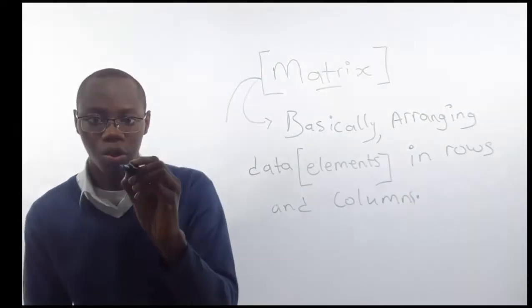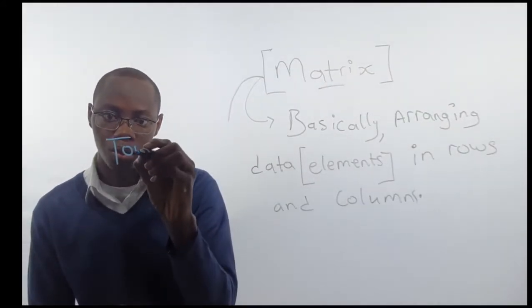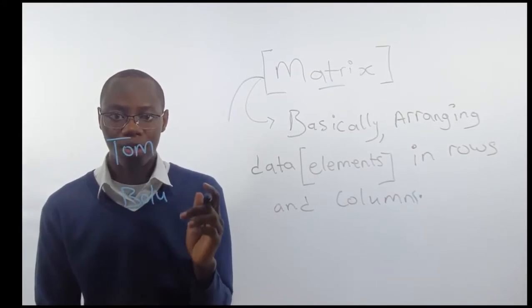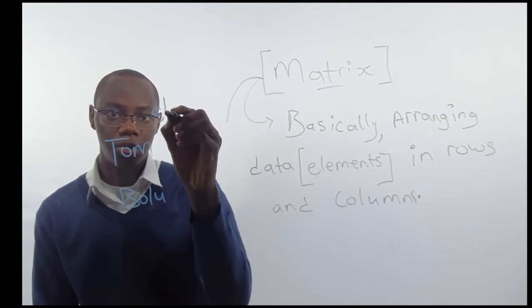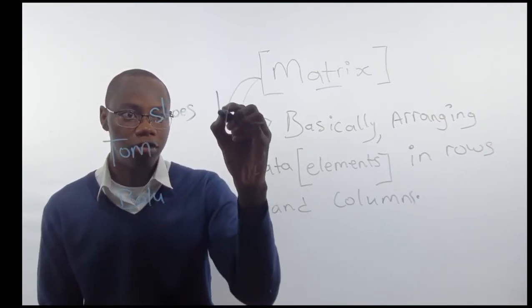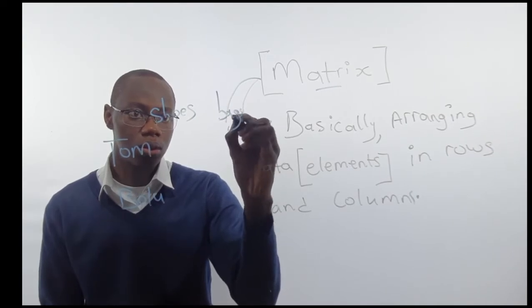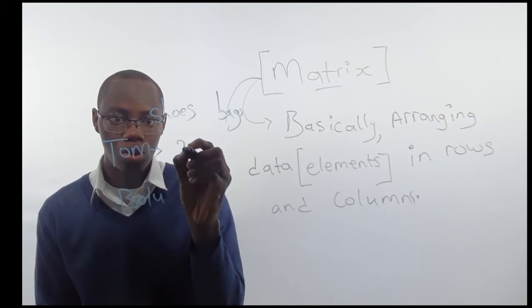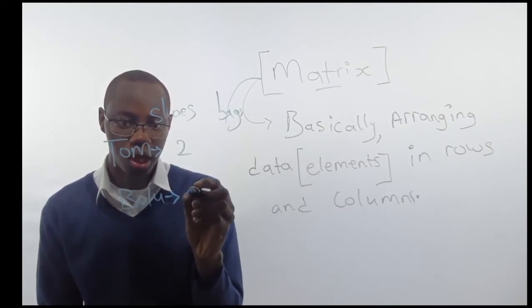So let's assume we have two friends, Tom and Bulu. And now let's assume they both have shoes. We're recording their data now, for example. And they have bags too. So let's assume Tom has 2 shoes and Bulu has 3.